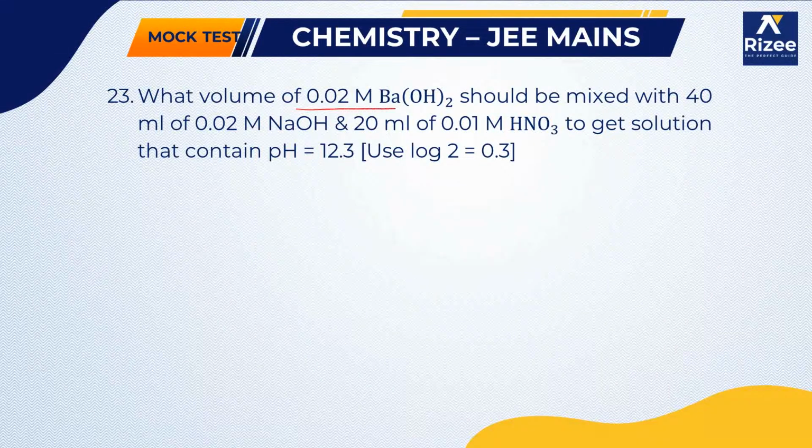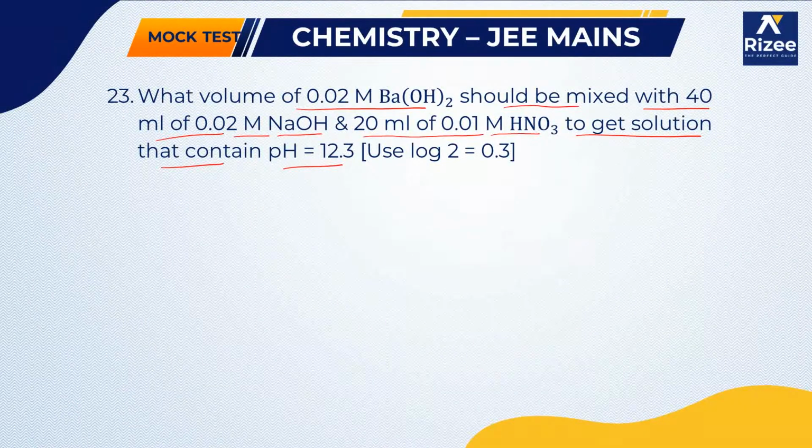So next question. What volume of 0.02 molar barium hydroxide should be mixed with 40 ml of 0.02 molar NaOH and 20 ml of 0.01 molar HNO3 to get a solution that has pH equal to 12.3? We already have a solution of 40 ml of 0.02 molar NaOH and 20 ml of 0.01 molar HNO3, and to it I am adding 0.02 molar barium hydroxide.